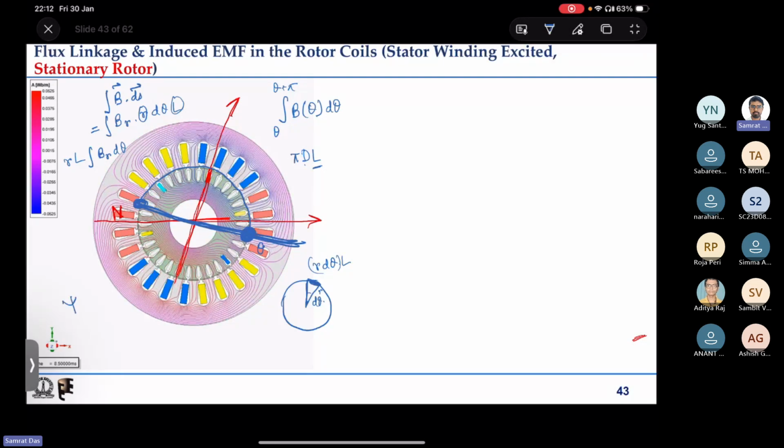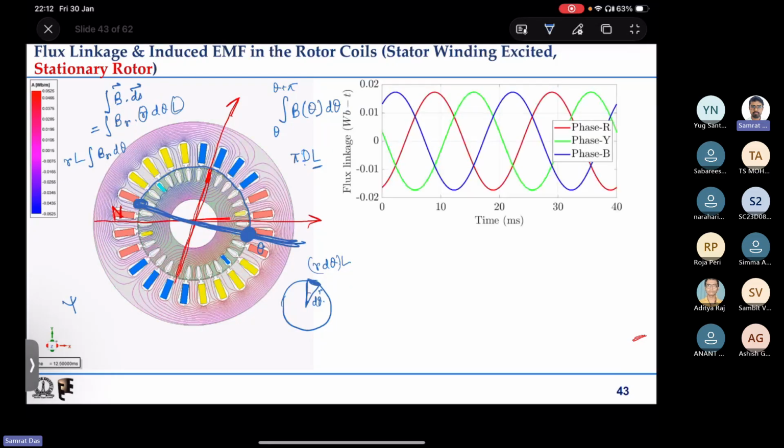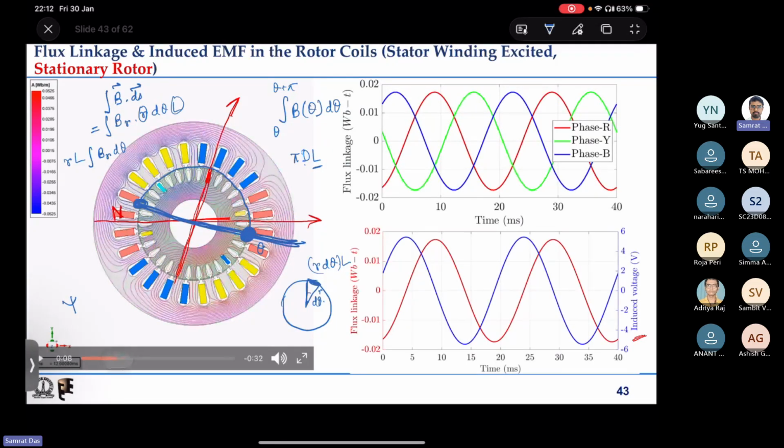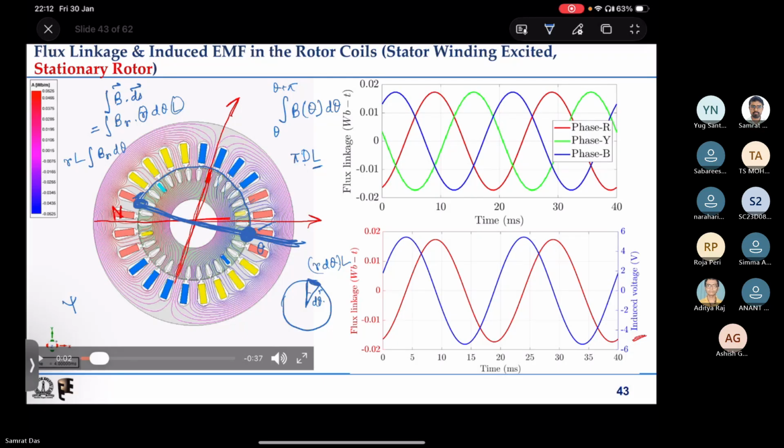So at that instant, wherever I stopped earlier, at 4 millisecond, you can see, if I start from this blue point and end here, in this left hand side portion, flux is basically moving radially out.